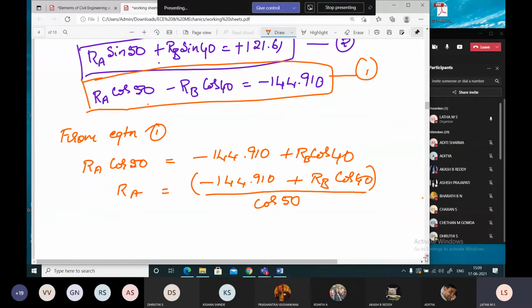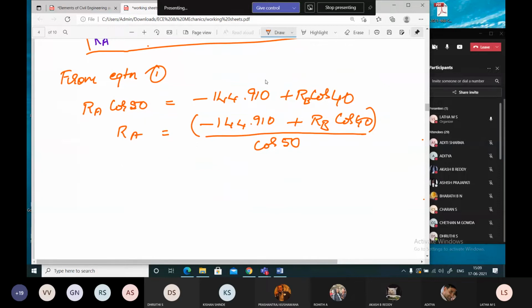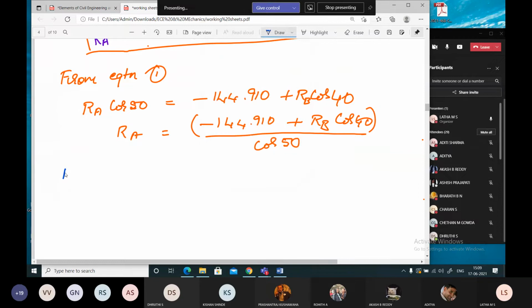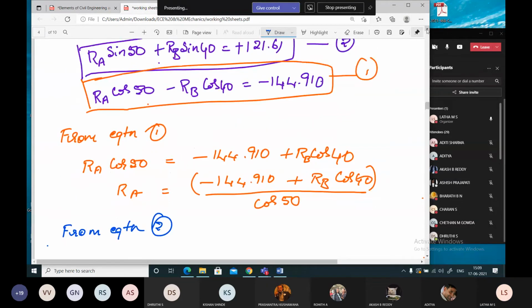Similarly, from equation 2. Are you writing, students? What do we have from equation 2? RA sin 50 equals 121.61 minus RB sin 40.